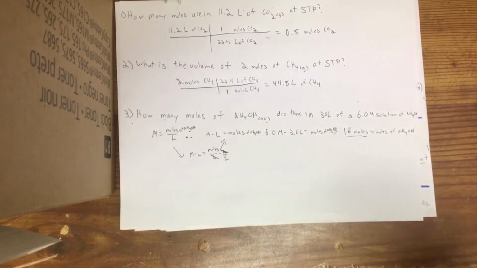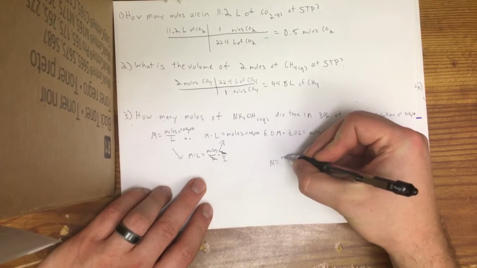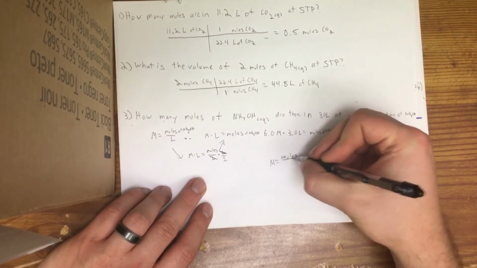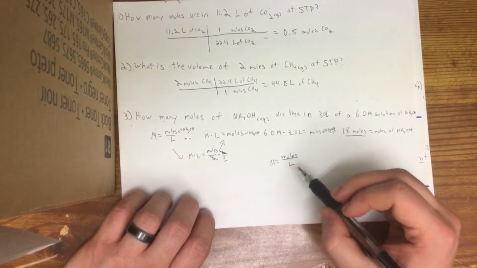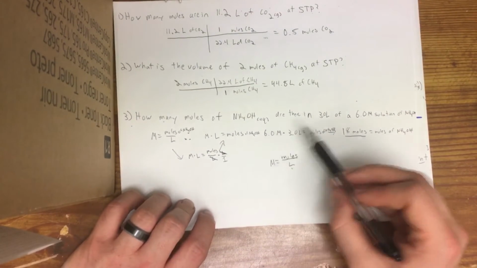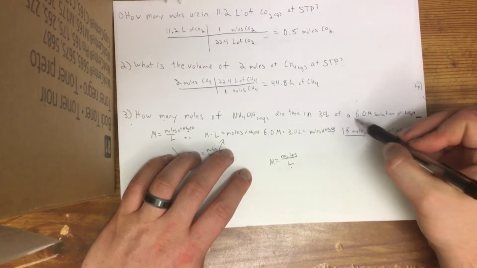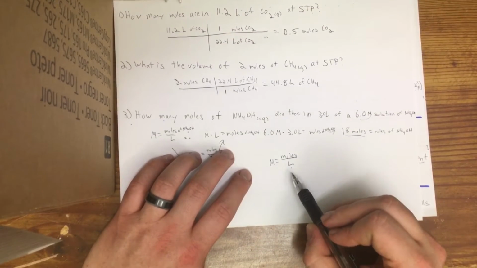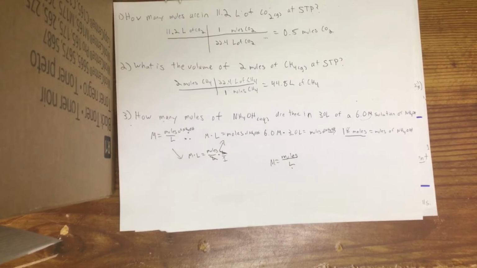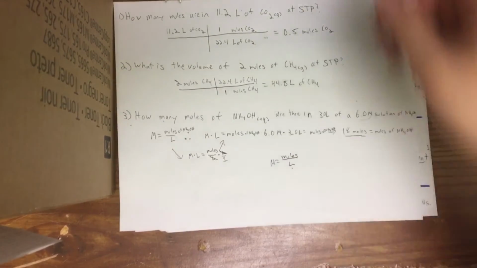So again, for the molarity problems, all you need to do is to be able to use this one equation and rearrange it in order to solve for any of these 3 variables. In looking at this problem, we would know to use the molarity equation because we're given a volume and we're given a molarity. So we're given 2 pieces of this puzzle and we need to solve for the 3rd one. And that is how we will know to use the molarity equation, and then all we need to do is apply it. So I hope that makes sense.